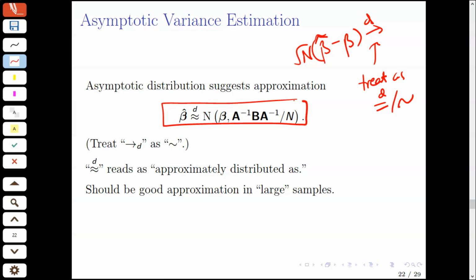Divided since we've pulled the square root n, or 1 over square root n, inside the variance term.